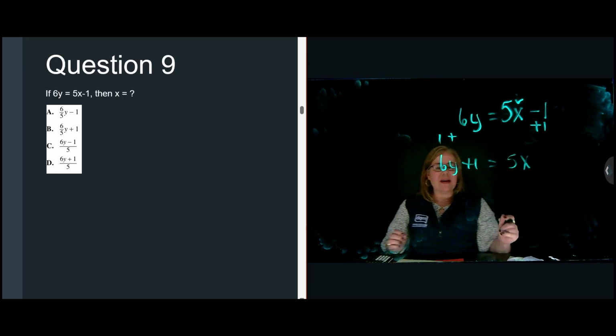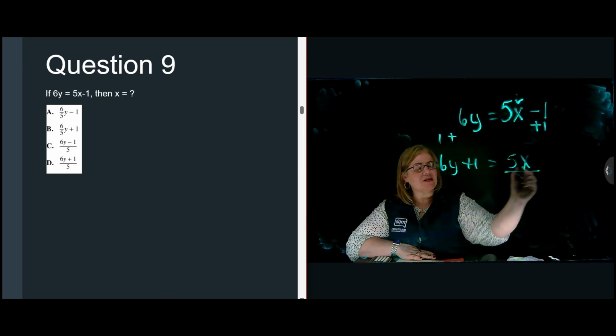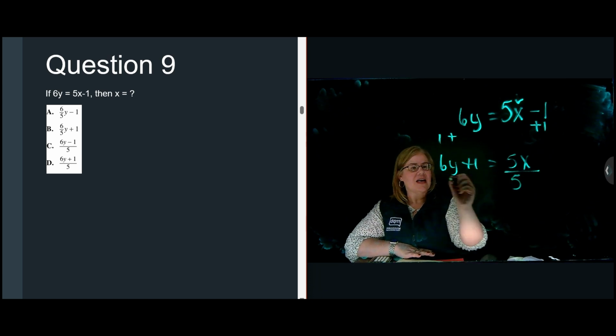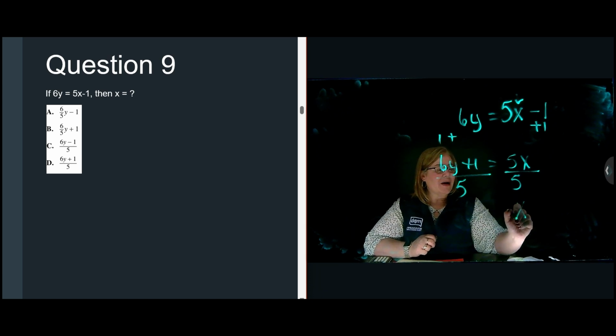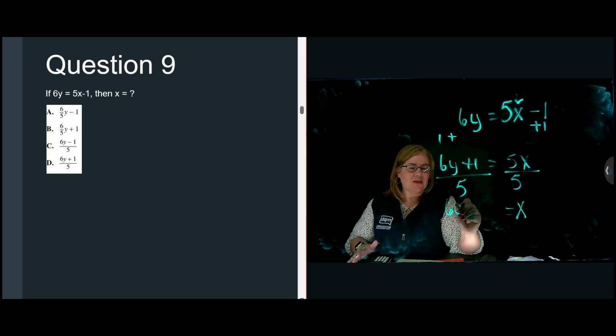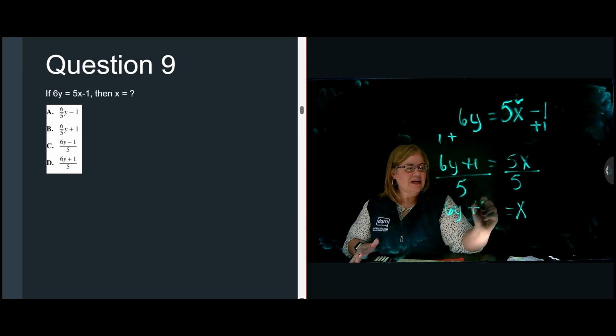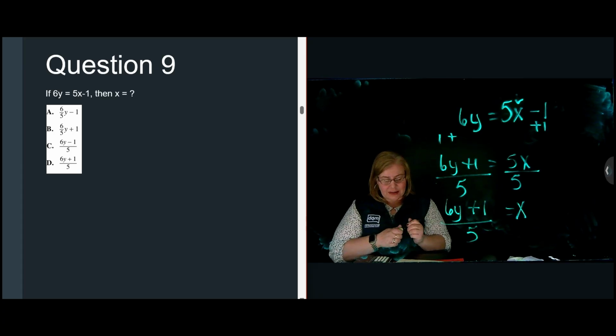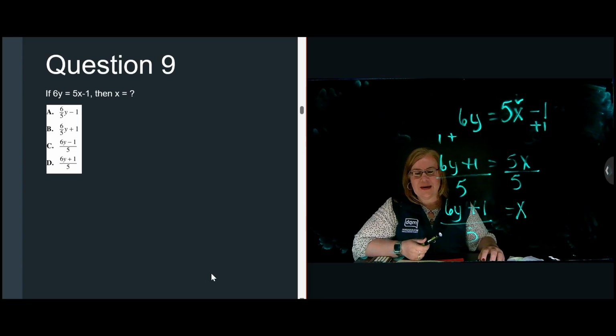Then I am going to have to divide this whole side by 5, so I'm going to divide this whole other side by 5. So what does my x equal? My x is 6y plus 1 over 5. And what is that possible answer? It's going to be D.